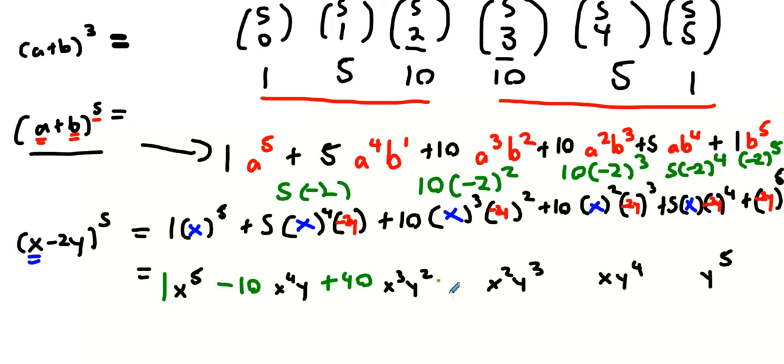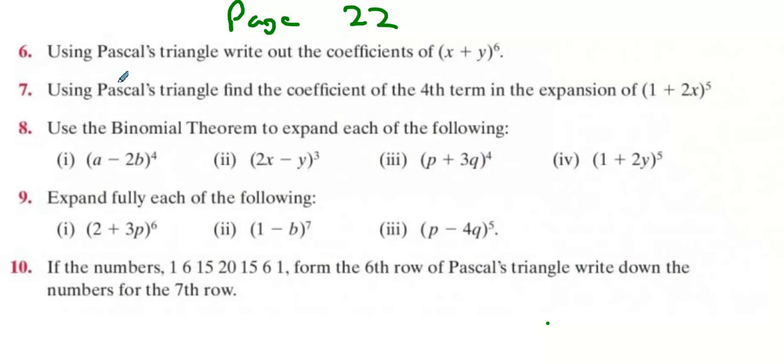Minus 80. That's the coefficient of the fourth term. Next one. Plus 80. That's the coefficient of the fifth term. And finally, what is it? Minus 32 is the coefficient of the sixth term. All right? Now, when we take this into the questions, okay?